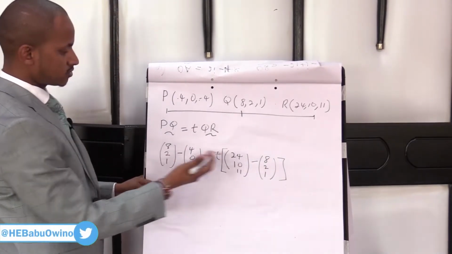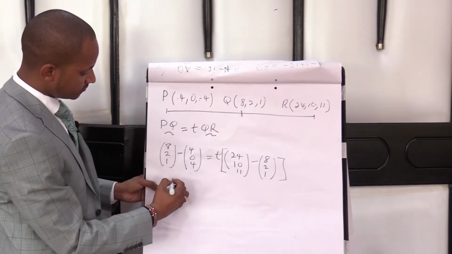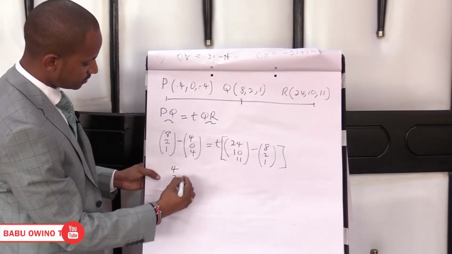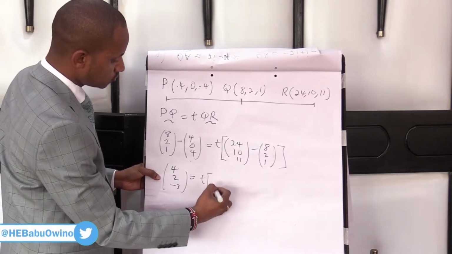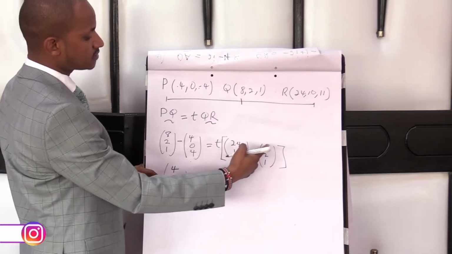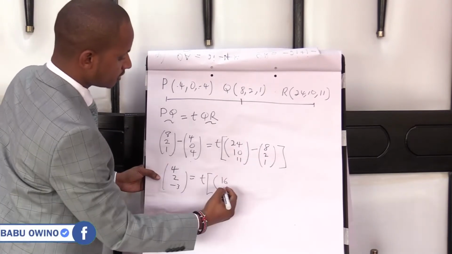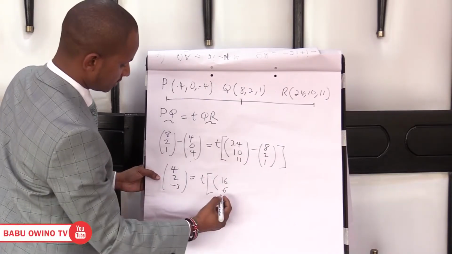So let's open the brackets. 8 minus 4 is 4. 2 minus 0 is 2. 1 minus 4 is minus 3. Equals t times, 24 minus 8 is 16, 10 minus 2 is 6, and 11 minus 1 is 10.